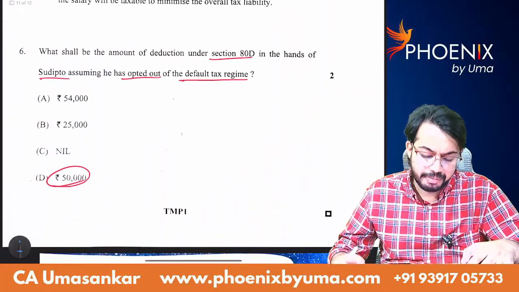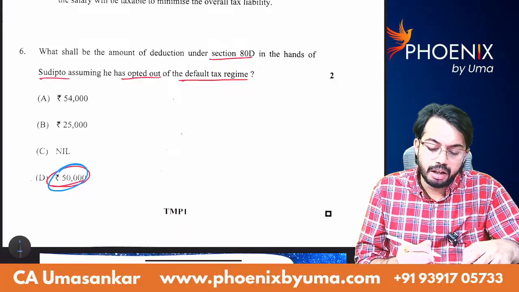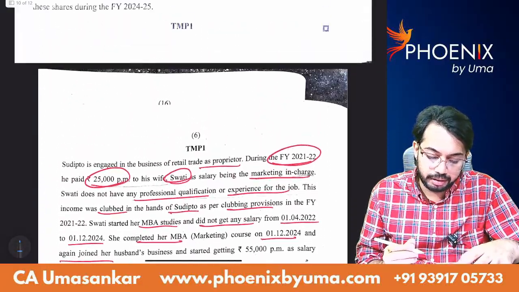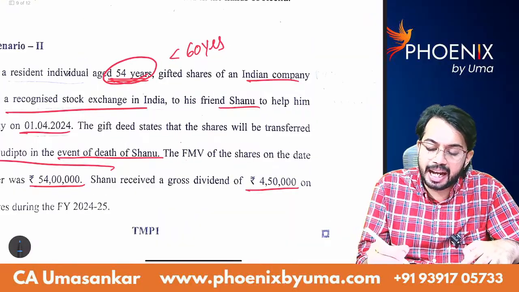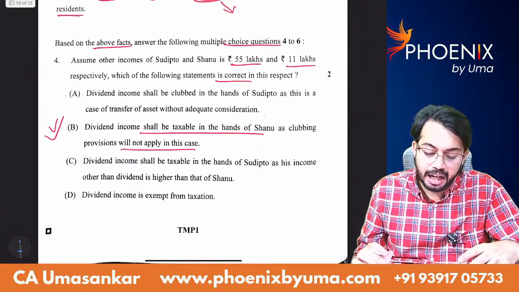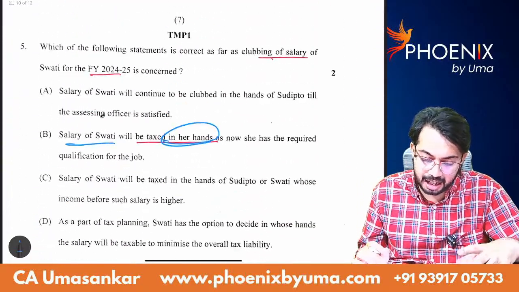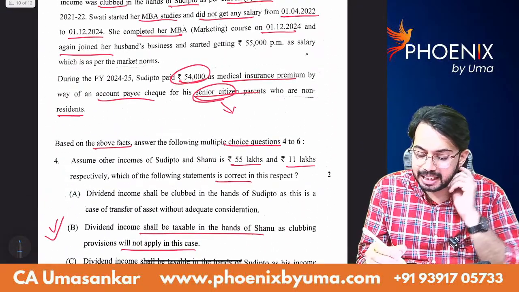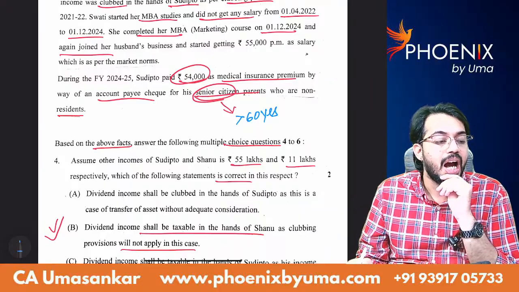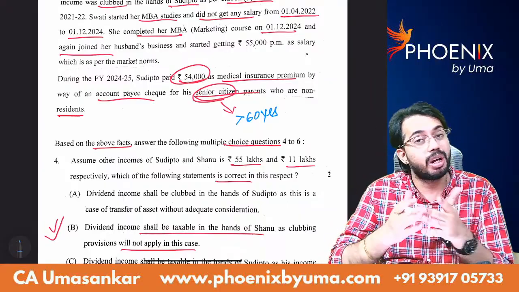And see, in this case, Sudipto's age is less than 60 years. But his parents are senior citizens, na? His parents are senior citizens, that means above 60 years. And I have one doubt also here.